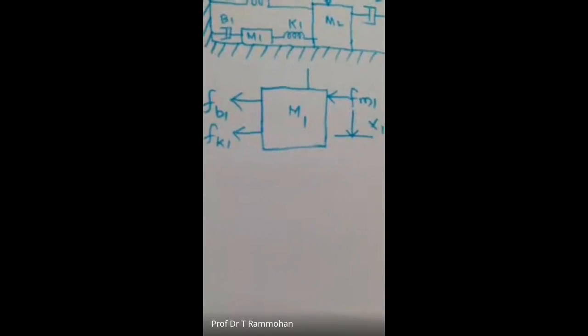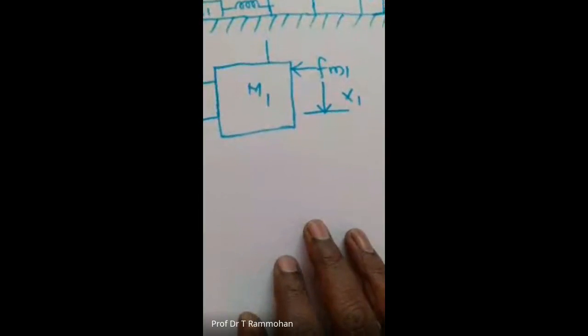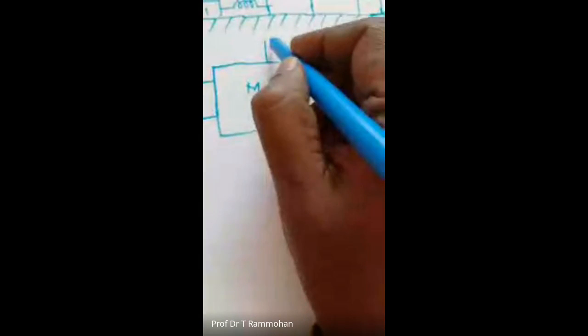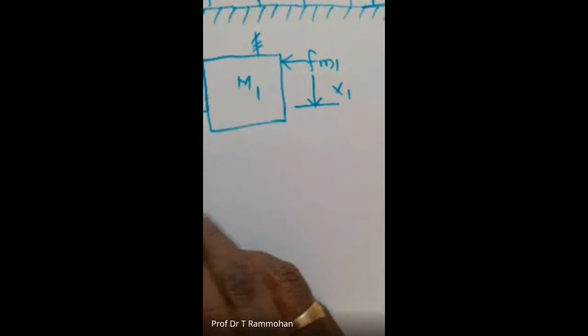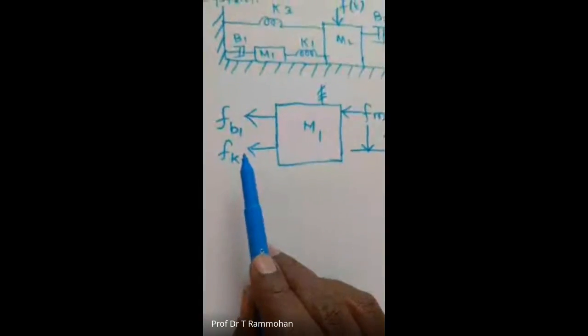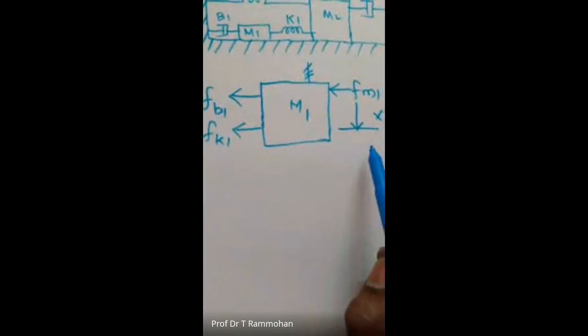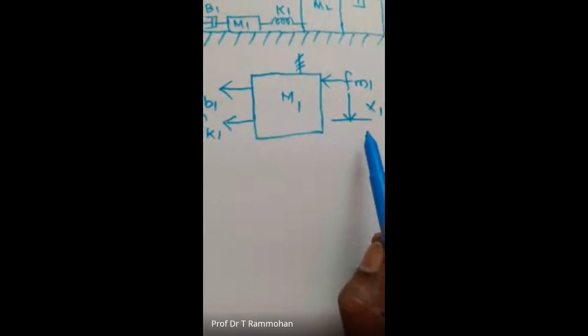So your free body diagram for mass 1 should be like this. The displacement I have drawn here, so not necessary. FB1, FK1, FM1, X1.